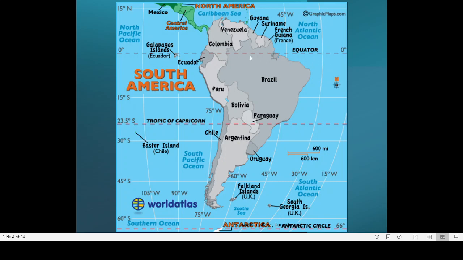So here also Colombia, Venezuela, Guyana. So the majority, that is more than half of the countries present in South America, is having a tropical climate, almost like the climate of the Western Ghats or the Kerala region. So there is so much similarity between our area and the South American tropical belt.